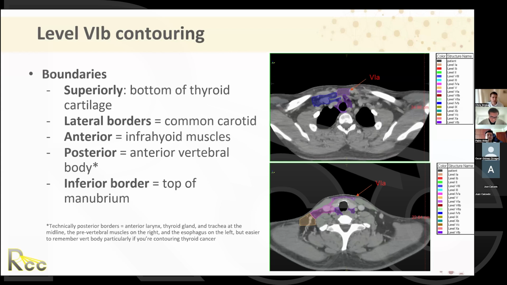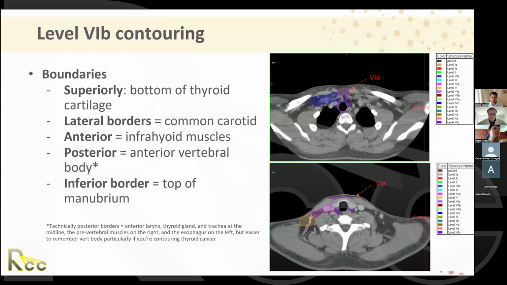But essentially, they start at the bottom of the thyroid cartilage. They extend to the borders of level 3 and level 4 at the common carotid. Anteriorly are the infrahyoid muscles. Posteriorly, particularly if I'm contouring something like a thyroid cancer, where I really want to make sure these are well covered, I just think of this as the anterior vertebral body.